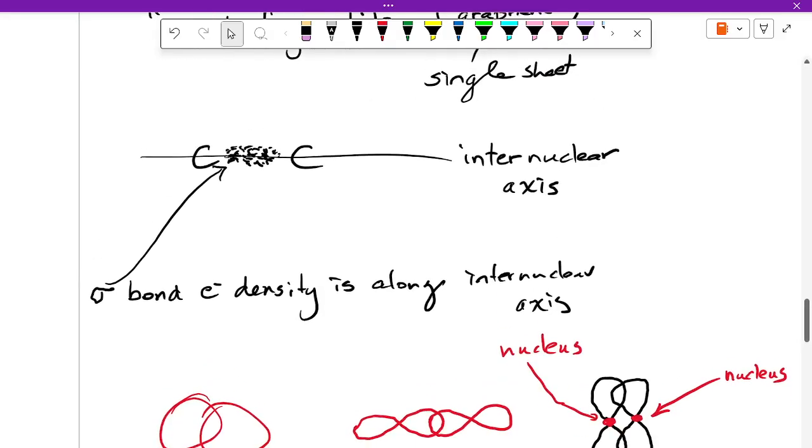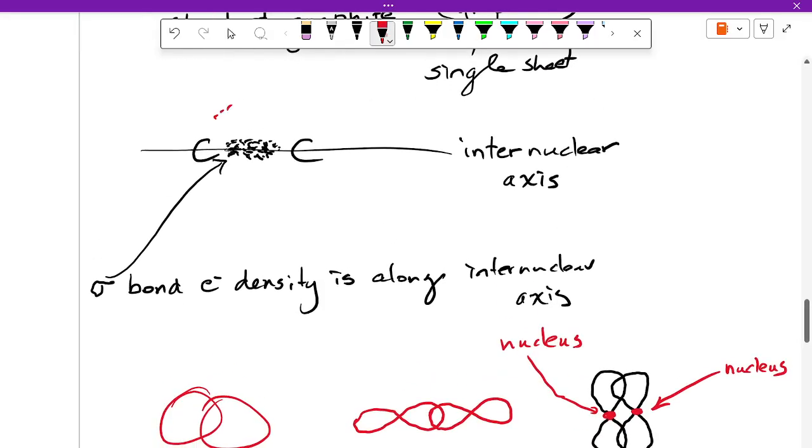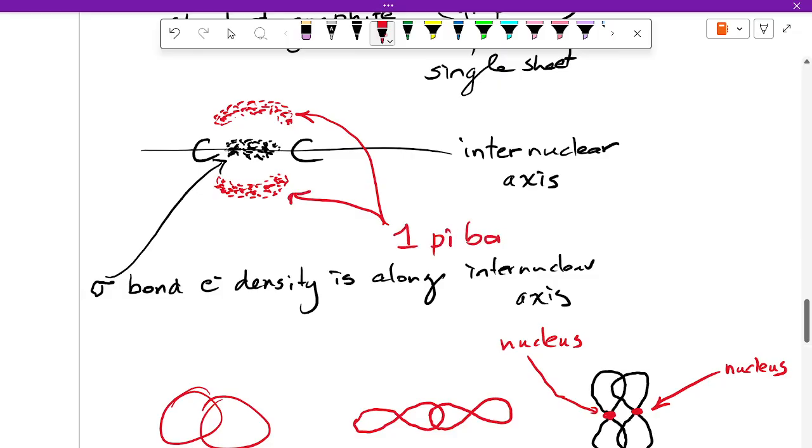So those two lobes together make a pi bond, one pi bond. So that sigma bond with that pi bond makes a double bond.